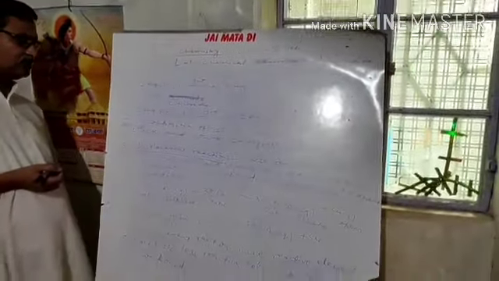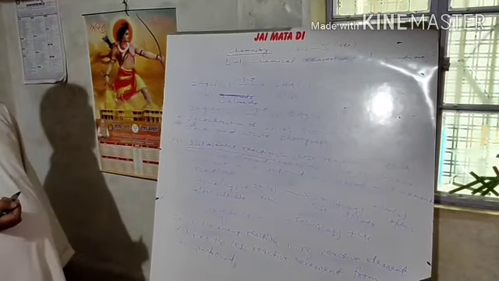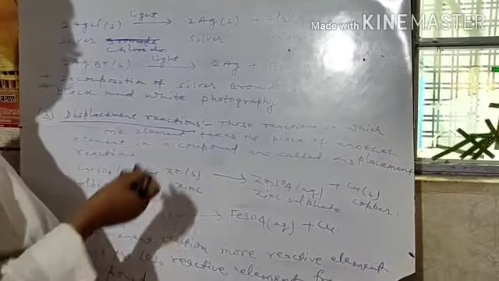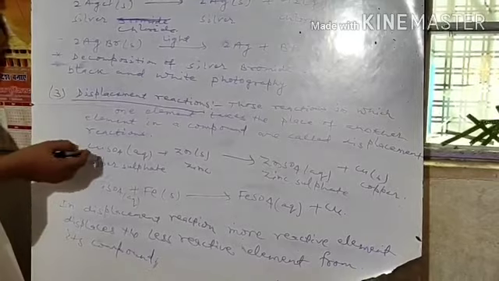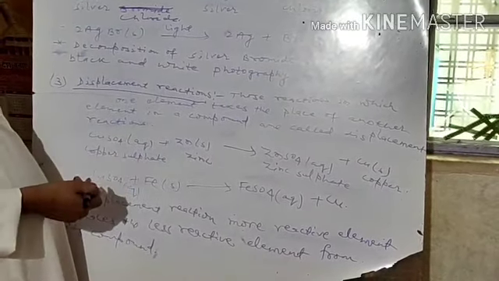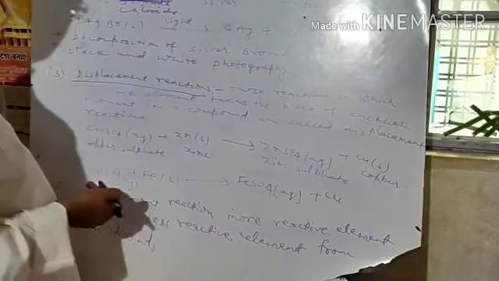Now I shall start the third reaction, displacement reaction. Displacement reactions are those reactions in which one element takes the place of another element in a compound. For example, when copper sulfate reacts with zinc, it forms zinc sulfate and copper.